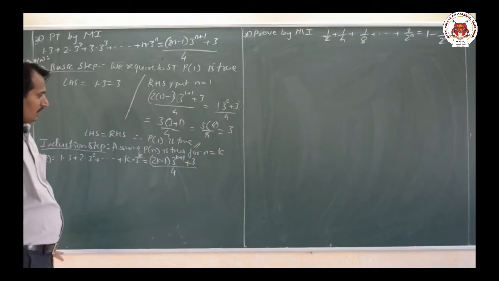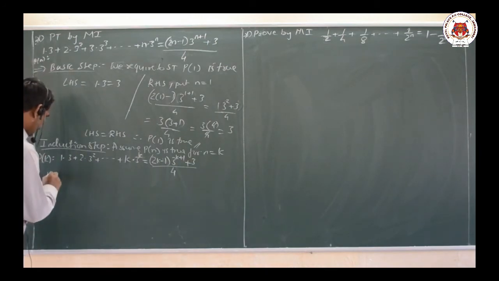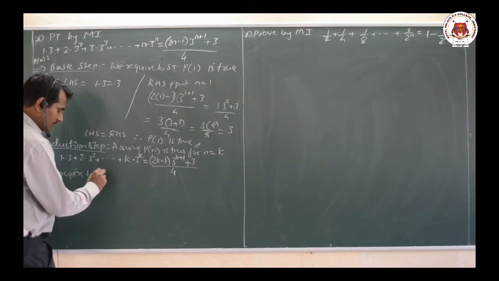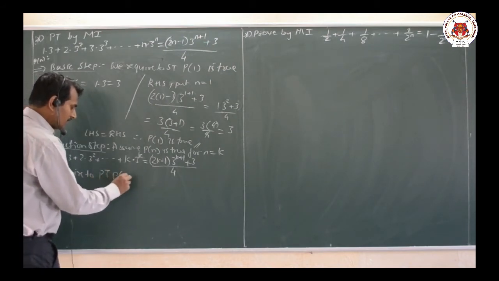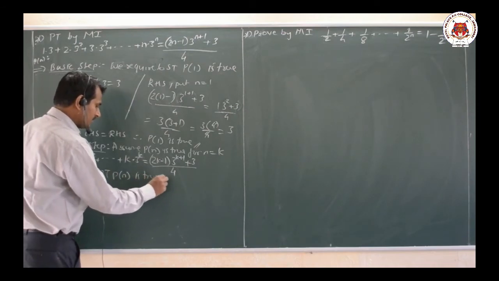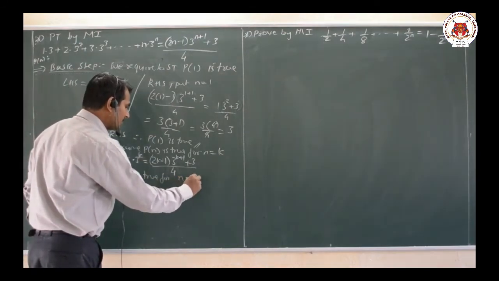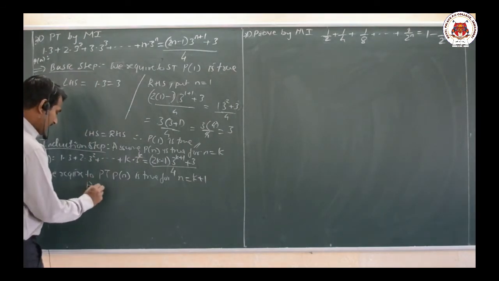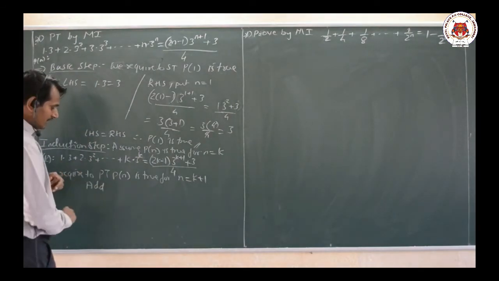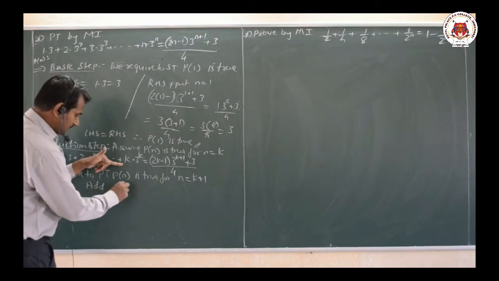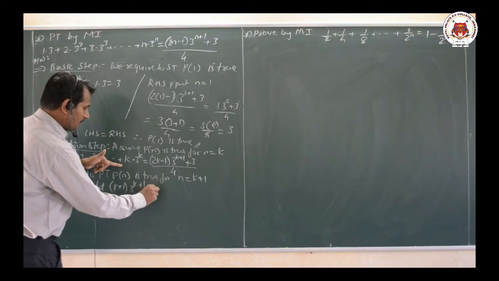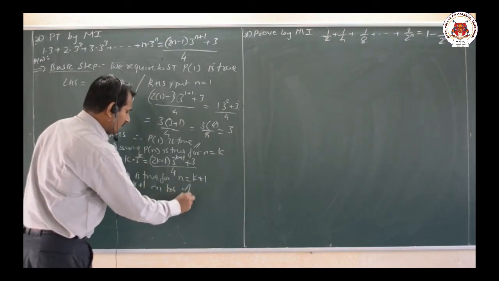Now we require to verify or prove that P of n is true for n is equal to k plus 1. Since it is addition, we require to add k plus 1 into 3 raised to k plus 1 on both sides of equation 1.